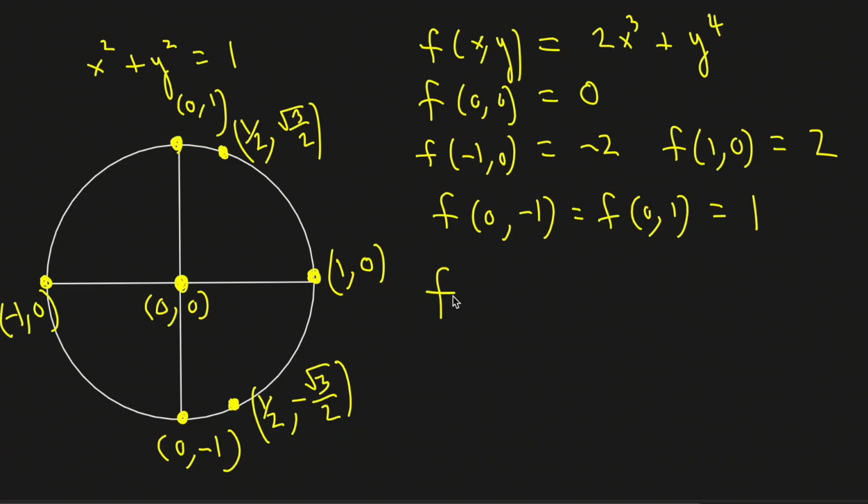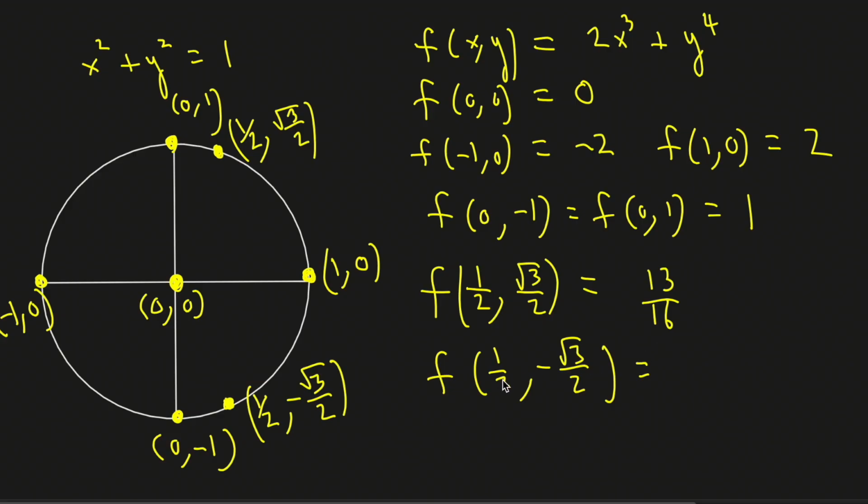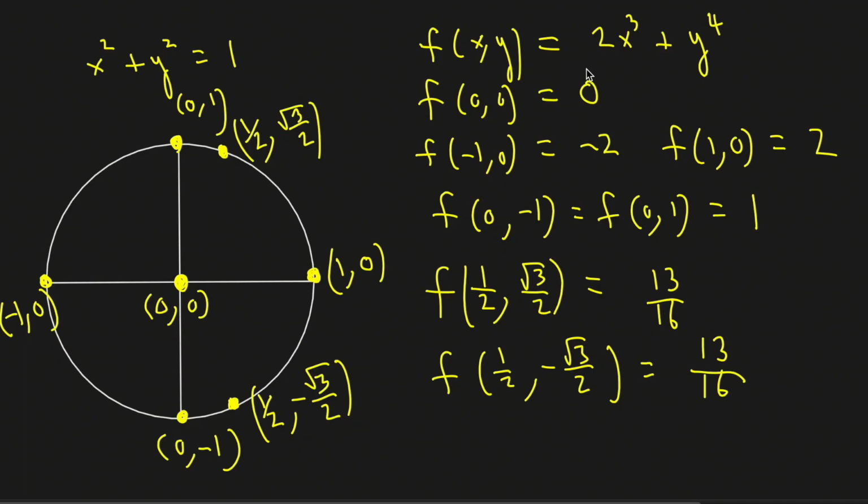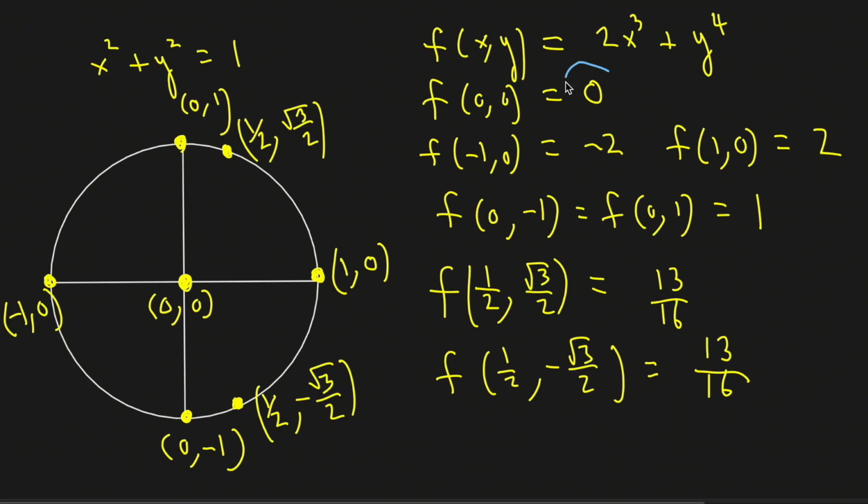Then finally, f of (1/2, square root of 3 over 2). If you do the arithmetic, you'll find that's 13 over 16. And we see that f of (1/2, negative square root of 3 over 2) is also equal to 13 over 16.